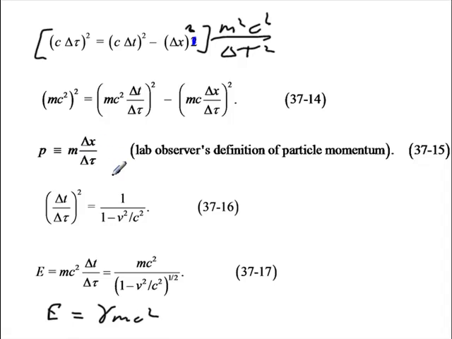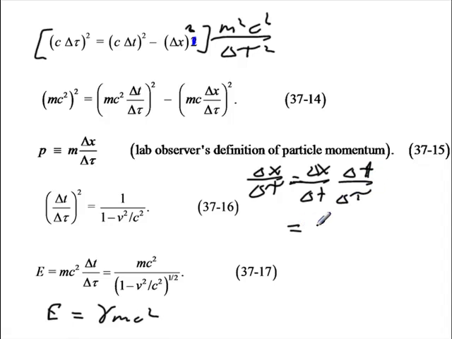Similarly, this delta x over delta tau is delta x over delta t times delta t over delta tau. So that's just mv gamma, or mv over the square root of 1 minus v squared over c squared.